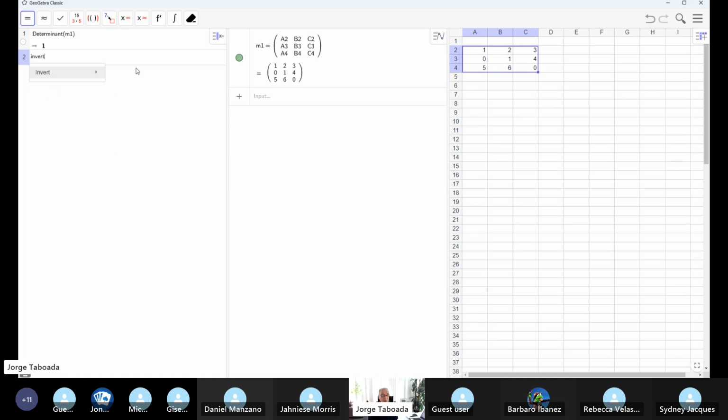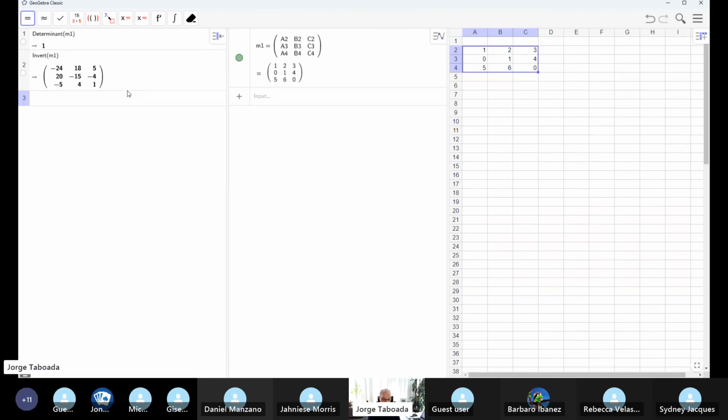I know the language of GeoGebra is invert, not inverse. Okay, but I adapt to the software. The software is amazing, so I take advantage of the M1. Wait, not capital, it is lowercase m1, because I suppose it's not the same.